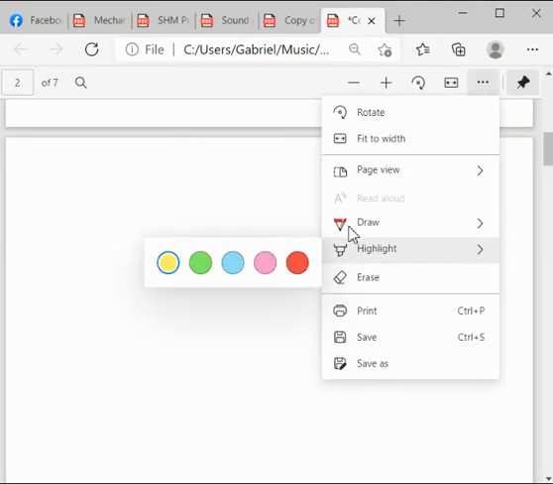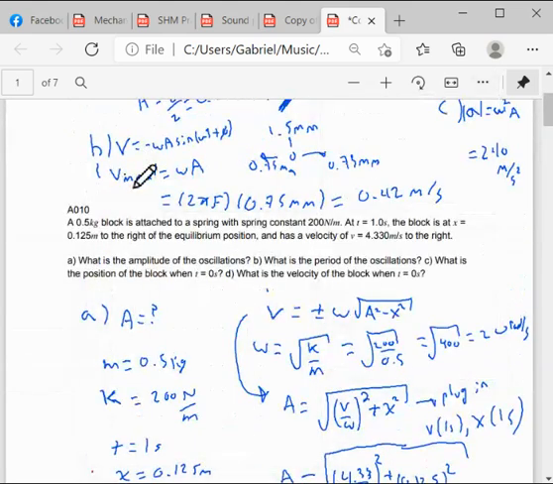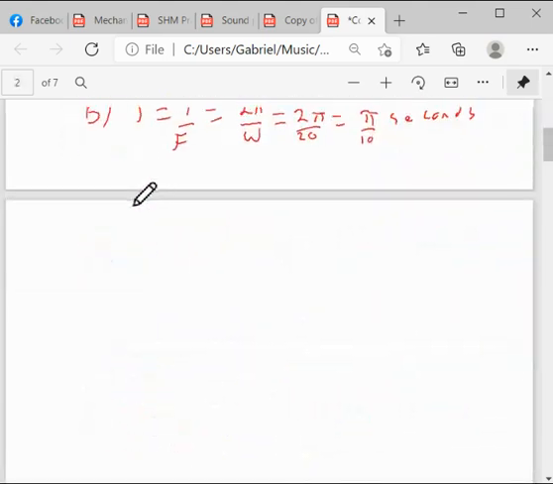So what the question is asking is, what's the position of the block at t equal to 0, and what's the velocity of the block when t is equal to 0? So both parts essentially ask you to fill out the formula for position and velocity of a simple harmonic oscillator so that you can plug in t equal to 0.